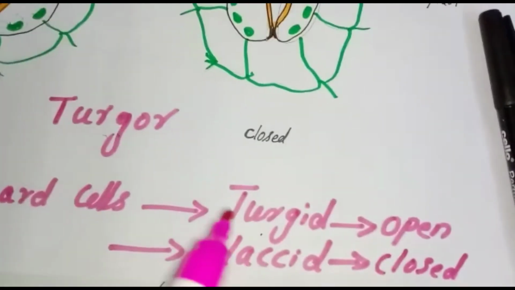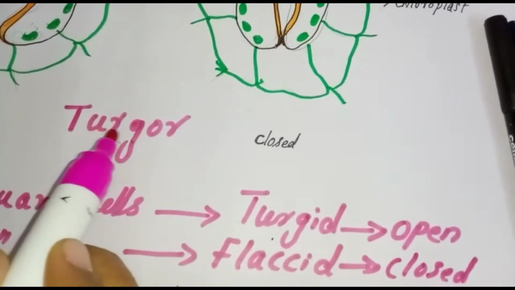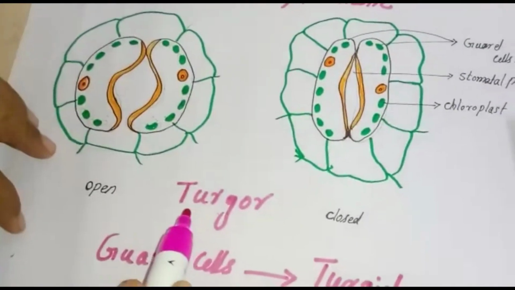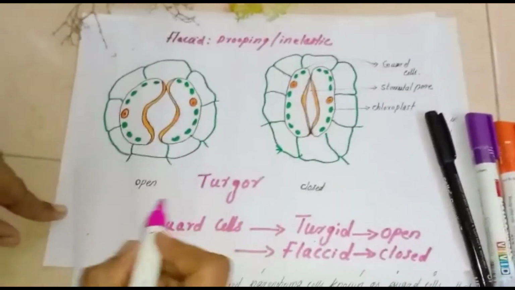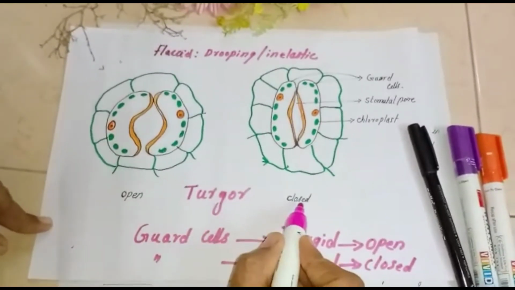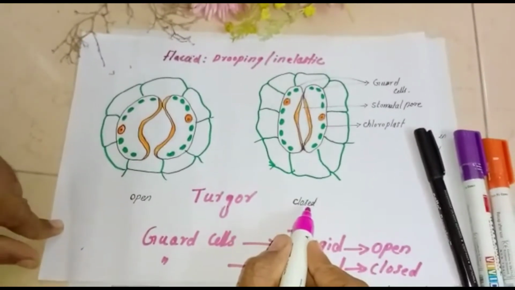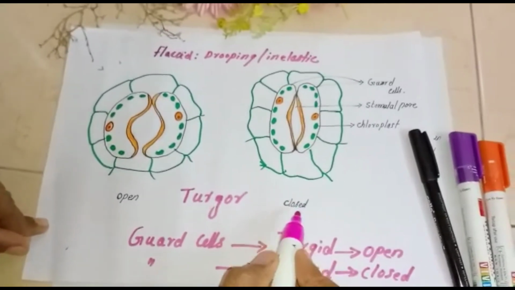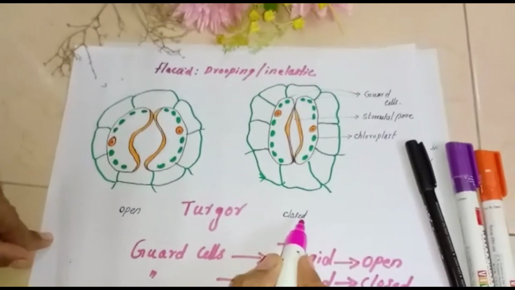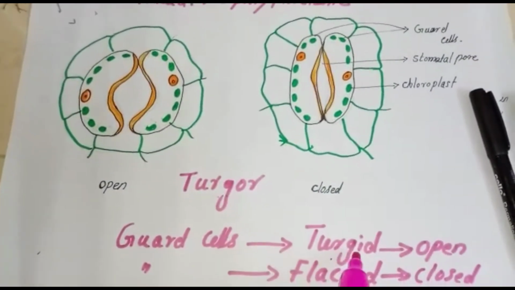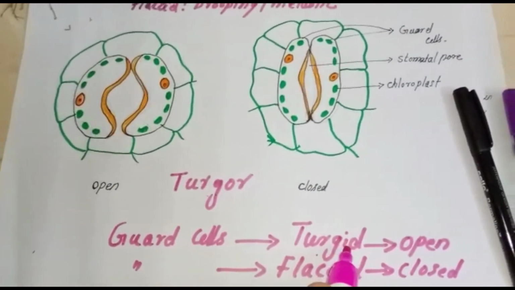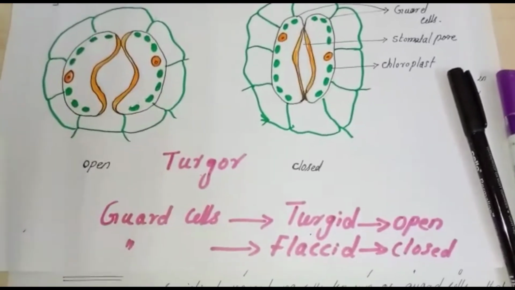So, based on the turgor pressure inside the guard cells, stomata open and close. This is mainly based upon the entry of water. When the guard cells become turgid, it means water enters into the guard cells.